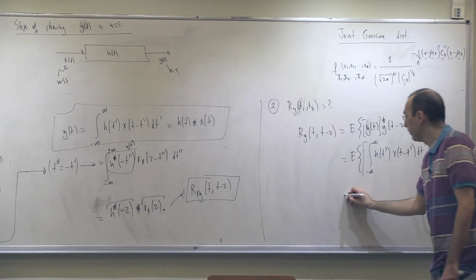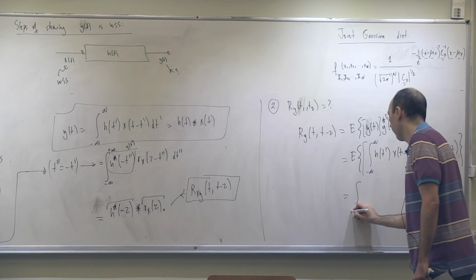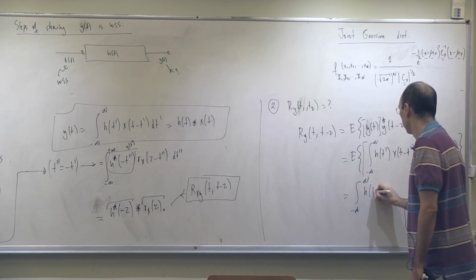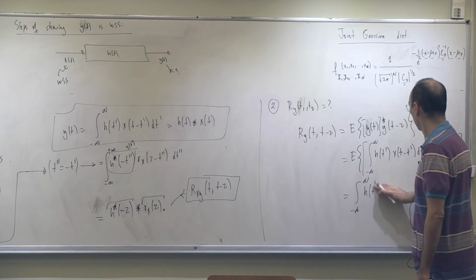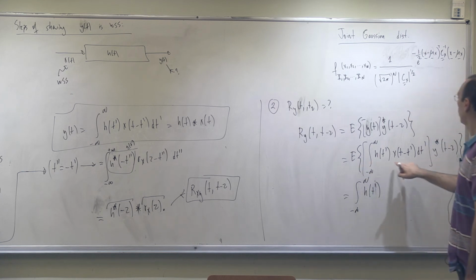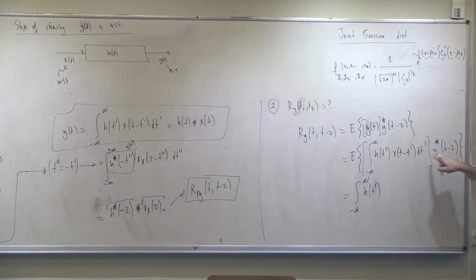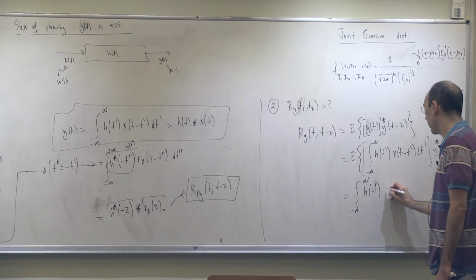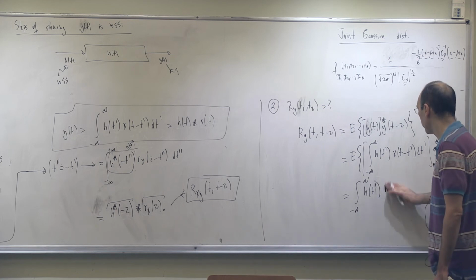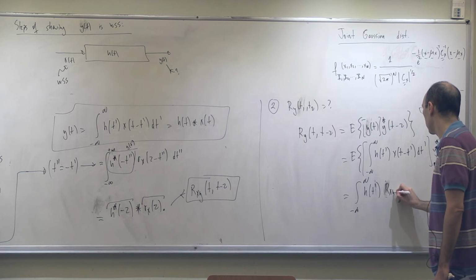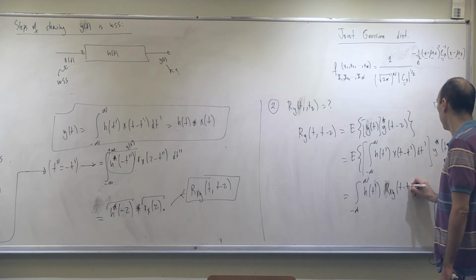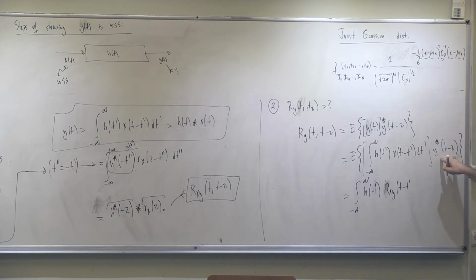Again, let's move the expectation in. I have to calculate the expected value of this and that. If I write it like that, it becomes Rxy(t minus t prime, t minus tau) dt prime. The expected value goes in.